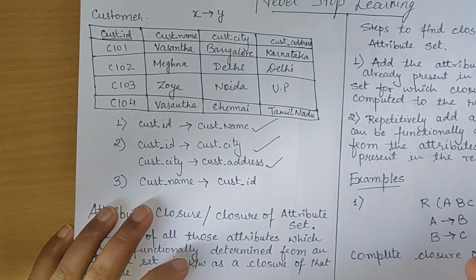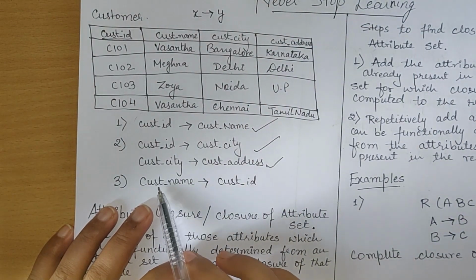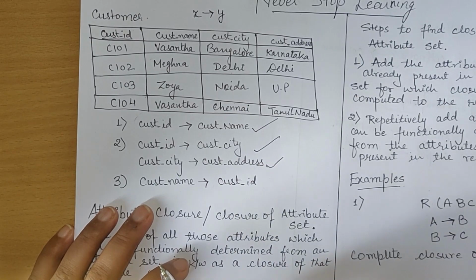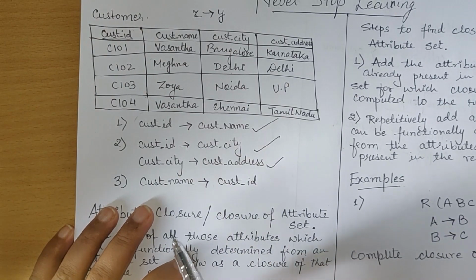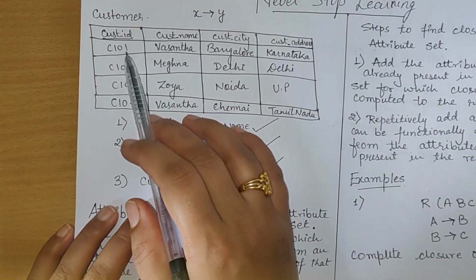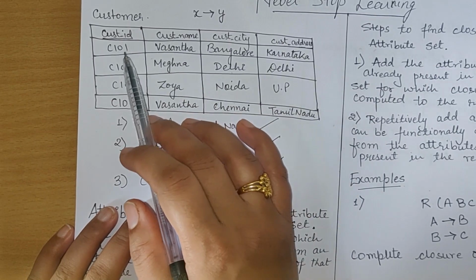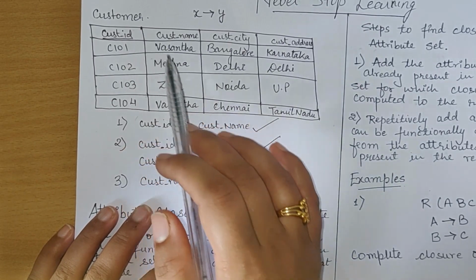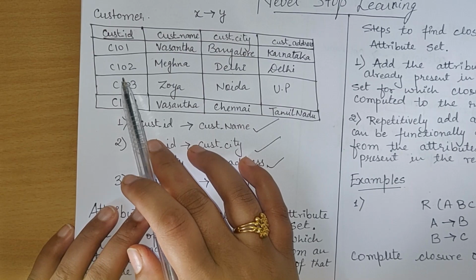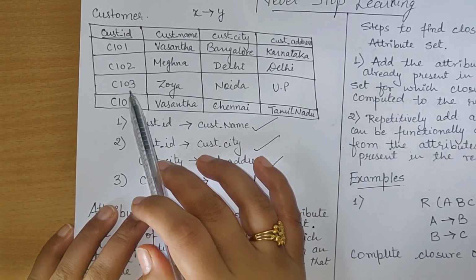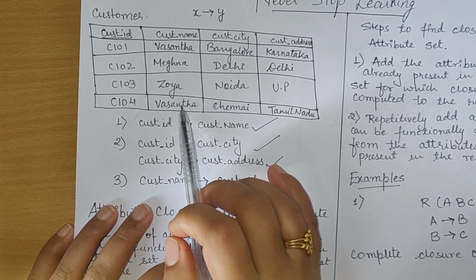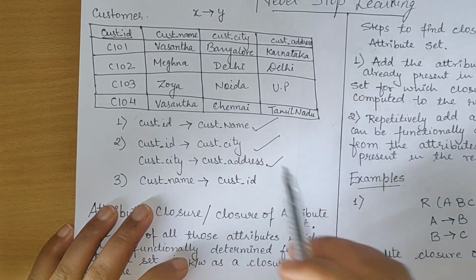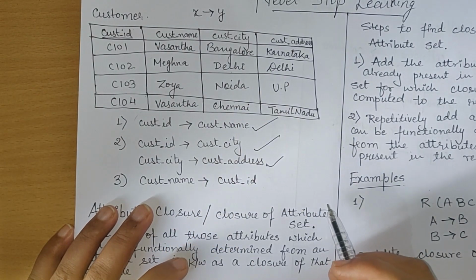Last, let's check. Customer name determines customer ID. Now if you can see here, Vasanta determines C101, Meghna determines C102, Zoya determines C103. Again, now Vasanta determines C104. Now here is a problem.